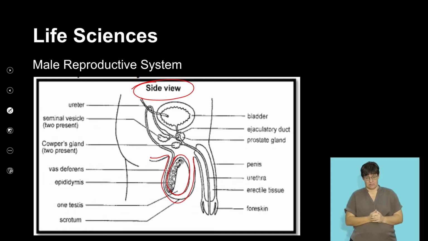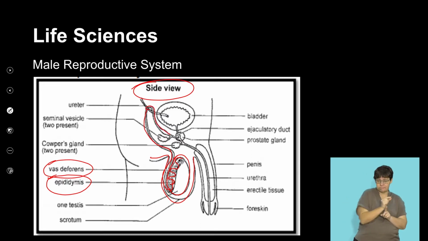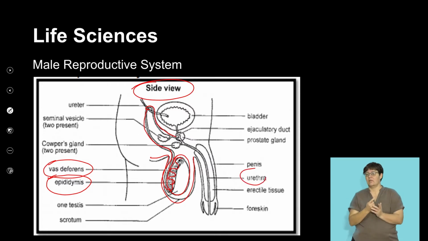We know that on the surface of the testes are coiled tubes, which we refer to as the epididymis, and these are the organs that produce the sperm. The sperm are then transferred via a tube called the vas deferens, which enters the ejaculatory duct, and then it is released via the urethra, which is that tube there, and that carries both semen as well as urine out.